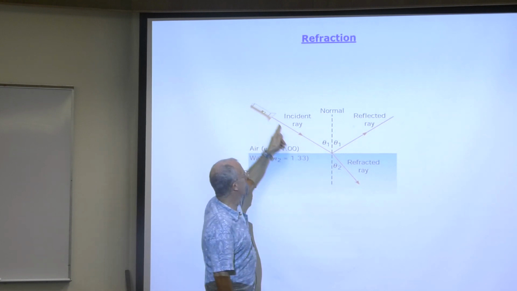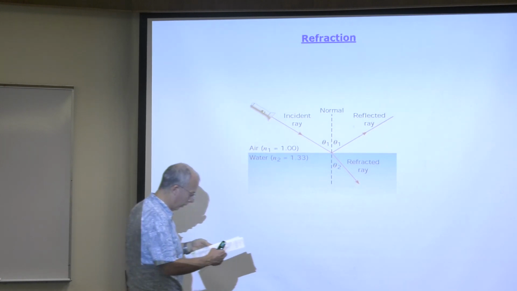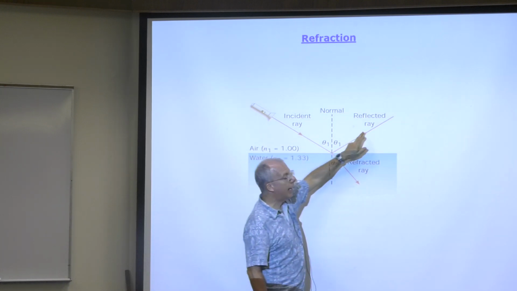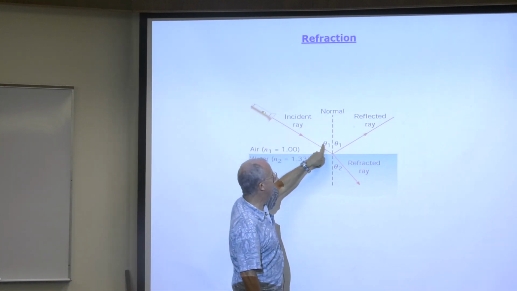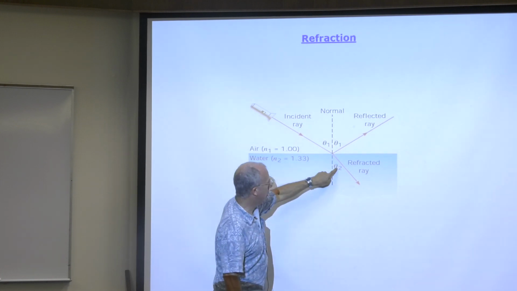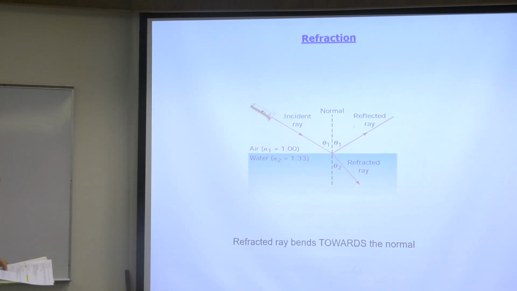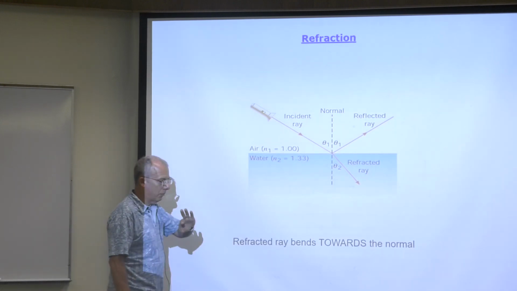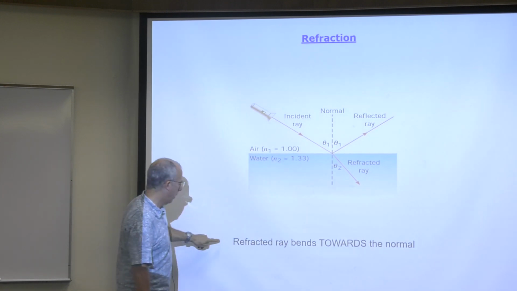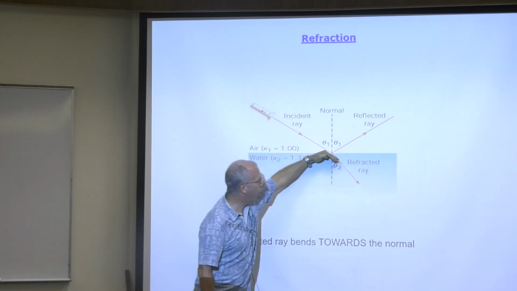It comes in, doesn't go straight, and bends toward the normal. But some of that light is reflected, so we still have this angle equals that angle. That's why it says theta 1, theta 1. But obviously theta 2 here is less than theta 1. When you go from small n to larger n, the refracted ray bends toward the normal.